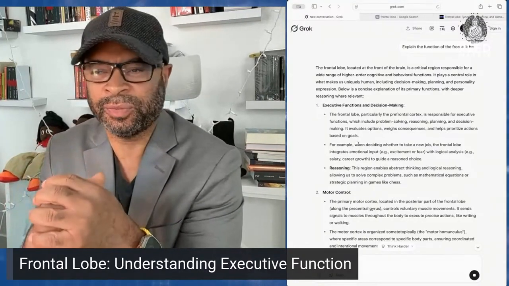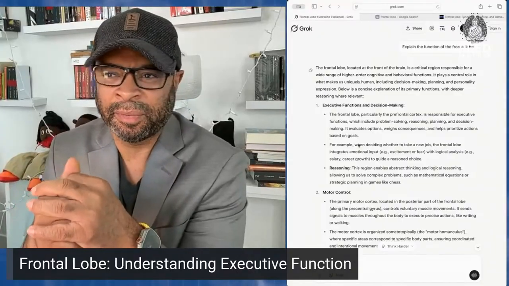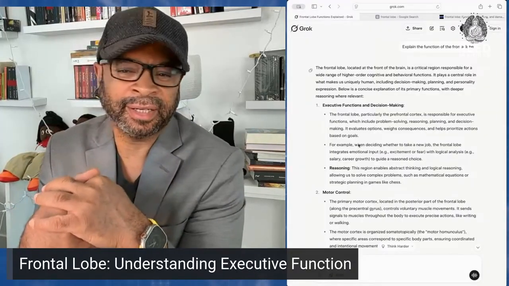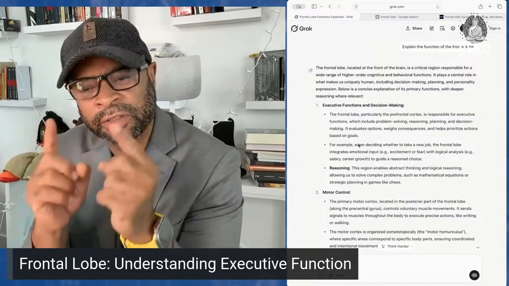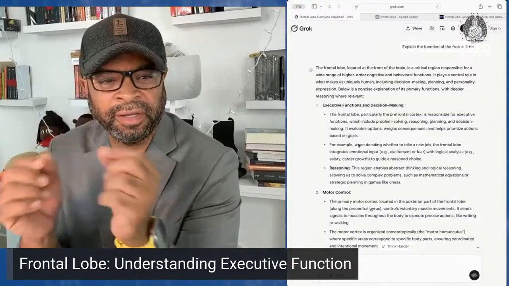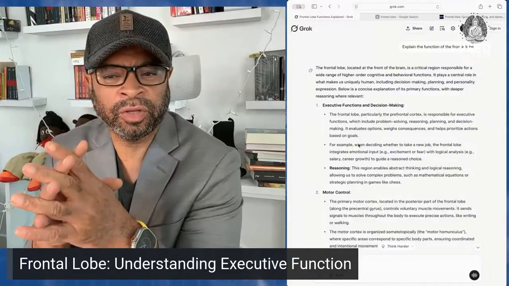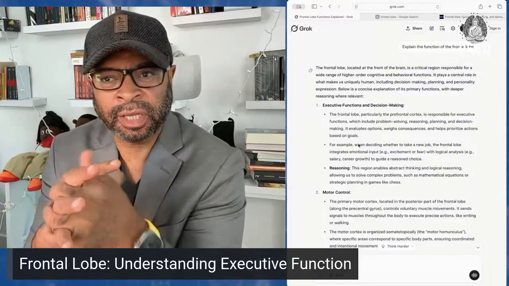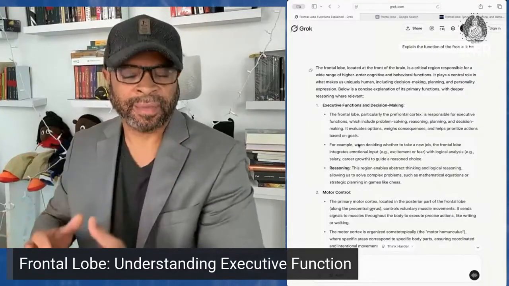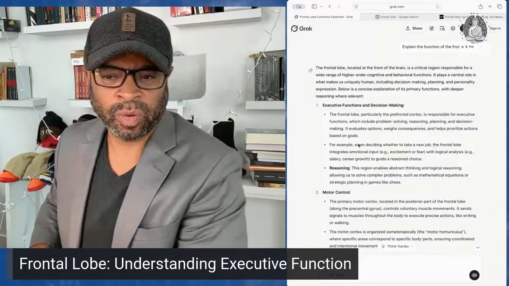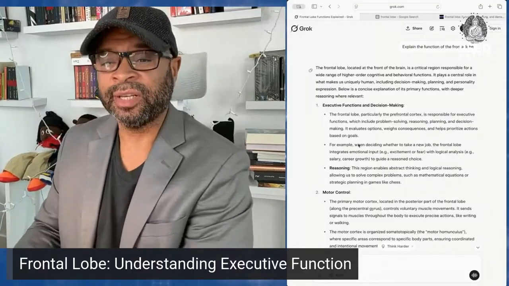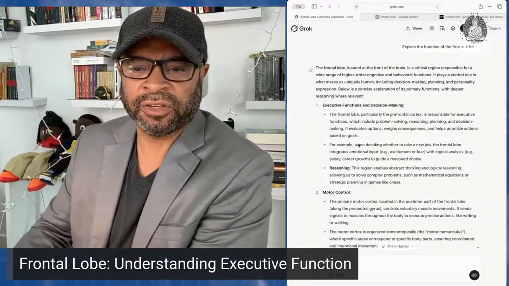Then we went to the amygdala. I remember that we did the basal ganglia. And in each one of these systems, we want to look at the networking and the receptor profiles. Hopefully, if we understand the receptors, then we have an idea of what type of medications to use to address issues connected with dysfunction in the frontal lobe.